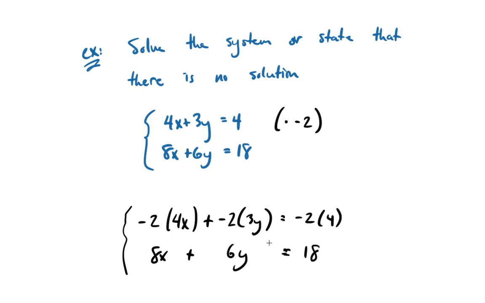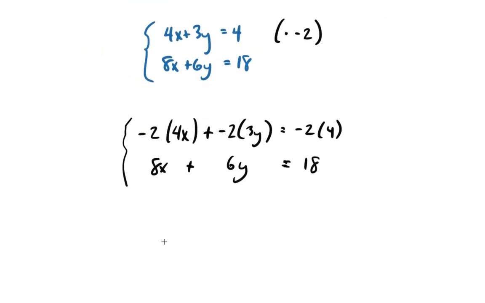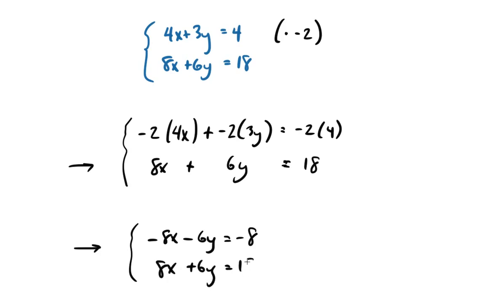And here I'm trying to sort of space these out to keep them roughly lined up. So remember, when you multiply one of these equations, you do it to literally every term in the equation. Okay, and sometimes students forget to do it on the right-hand side of the equal sign, so be careful. You're also supposed to multiply what's on the right-hand side. Okay, and that's going to give us, the first equation will now be negative 8x minus 6y equals negative 8, to go with 8x plus 6y equals 18.